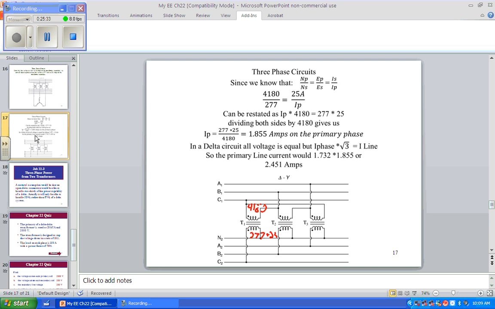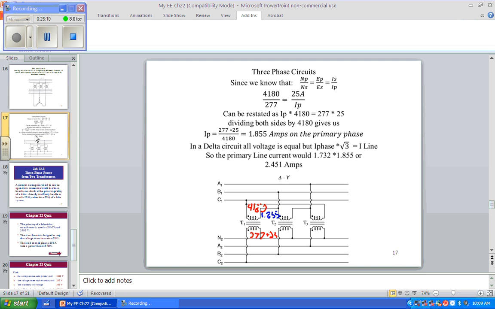Now I want you to notice that if we multiply 1.855 times 4180, we'll get the same number we do if we multiply 277 times 25, because power in is power out, because we're looking at this as more or less an ideal transformer.